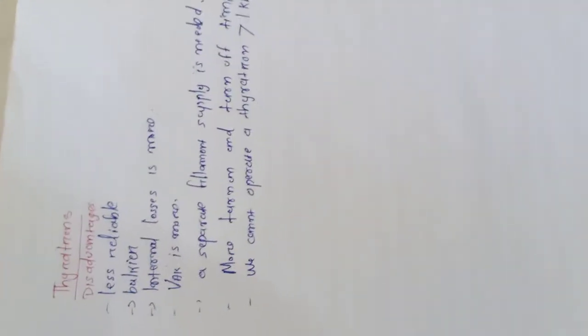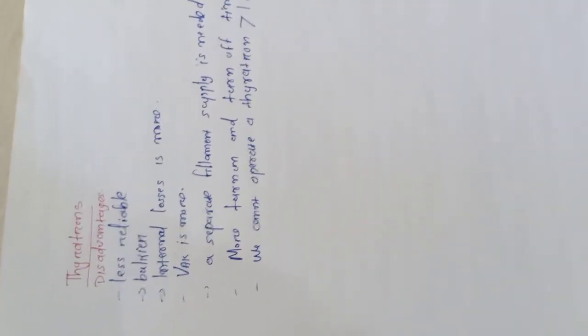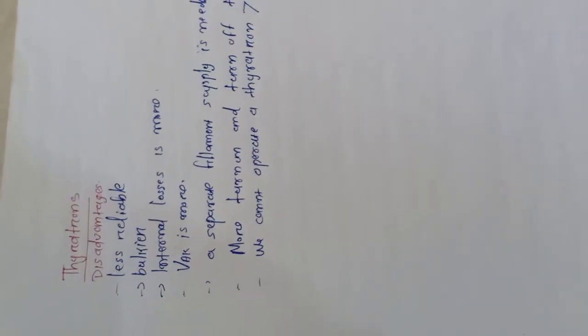So these are the basic disadvantages of thyratrons. So क्या disadvantages है? So these are less reliable, bulkier, internal losses is more, anode to cathode voltage is more, and it requires a separate filament supply and more turn on and turn off time. So इसको स्टार्ट और बंद करने के लिए हमको ज़्यादा टाइम चाहिए.